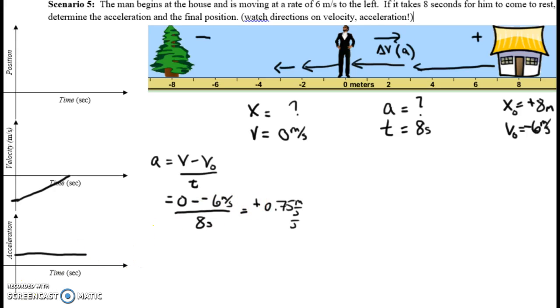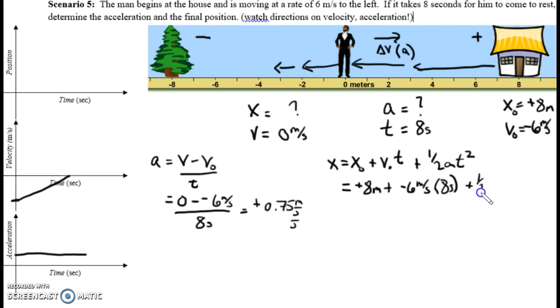Now on to position. Okay, so now if we use our position equation as a function of time squared, we know it begins at positive 8 meters. All right, we add to that the negative 6 meters per second times 8 seconds, and add to that 1/2 times our positive 0.75 times 8 seconds squared.